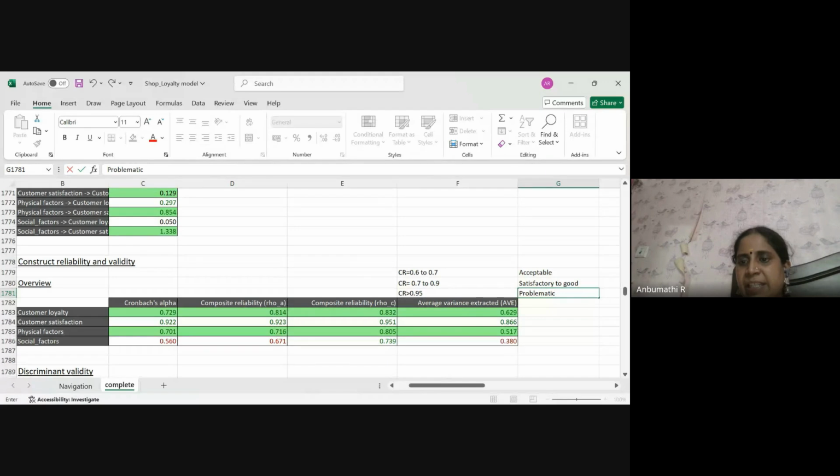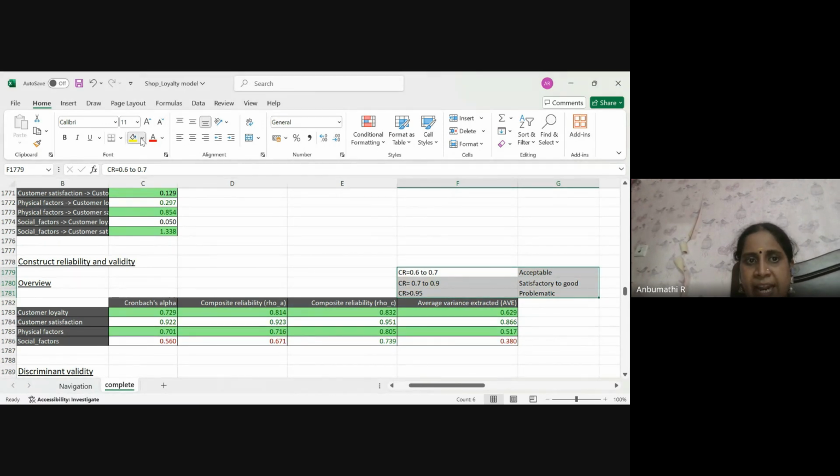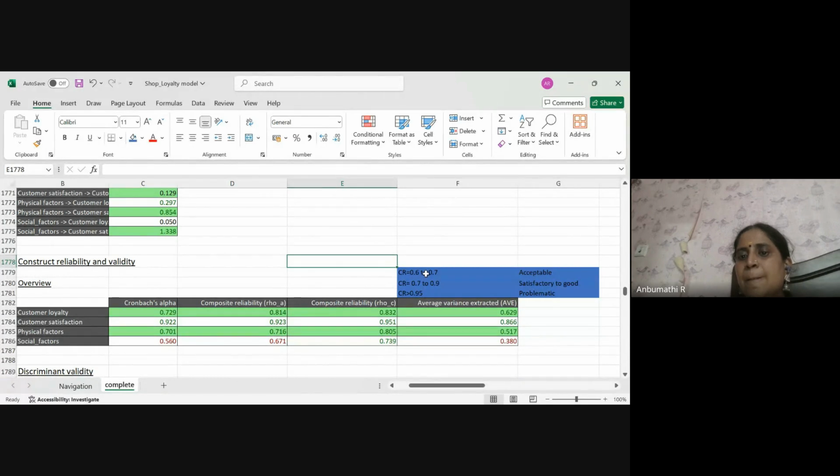I think I discussed this yesterday also when I was discussing the factor loading. So this is the cutoff for composite reliability. When it is 0.6 to 0.7, it is acceptable. When it is between 0.7 to 0.9, it is satisfactory to good. When it is greater than 0.95, it is problematic.